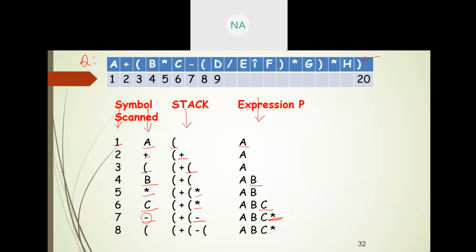So this is step 5. The next element is a left parenthesis, so push it onto the stack.